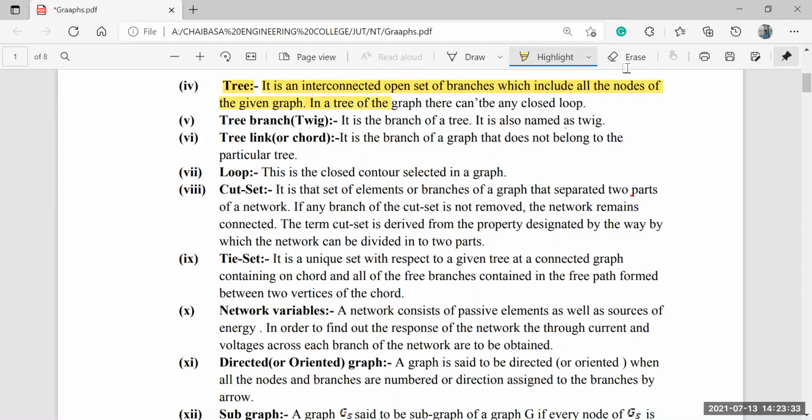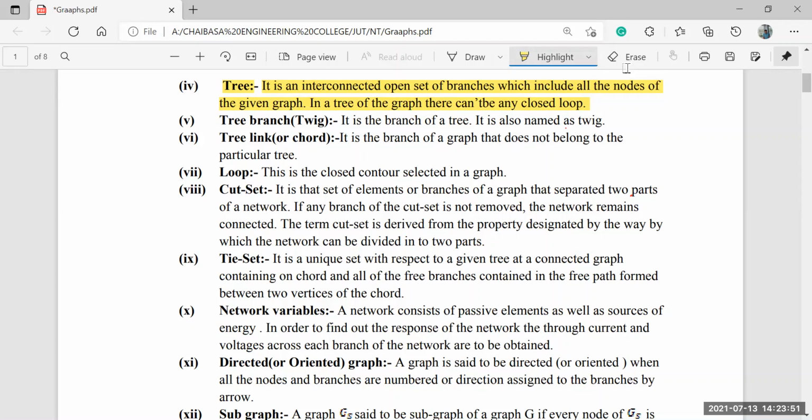In a tree, there can't be any closed loop. There are two things that are mandatory for getting the idea of a tree.